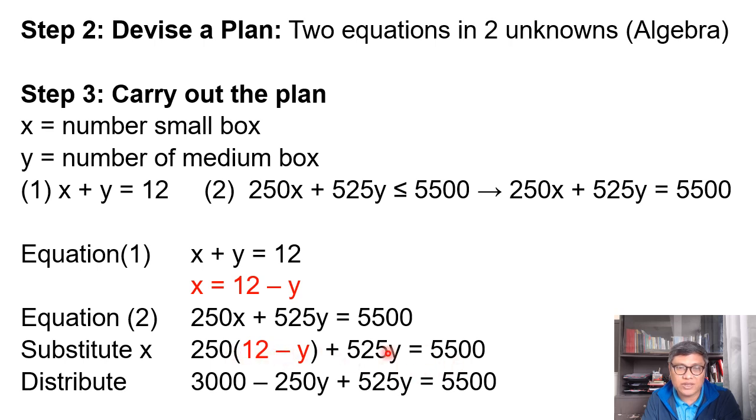So what we are solving here, class, is y, which is the number of medium boxes. We simplify. 250 times 12 is 3,000. 250 times negative y is negative 250y. Plus 525y equals 5,500. Then combine similar terms.